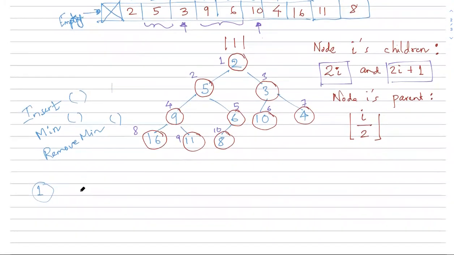So we can say int min, because this is simply going to return the index. So how do we find the min value?